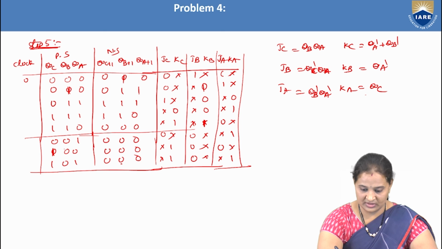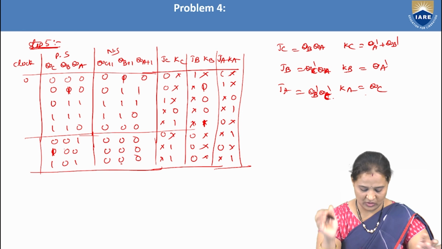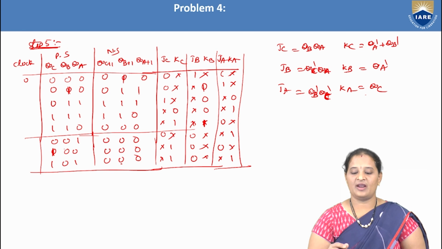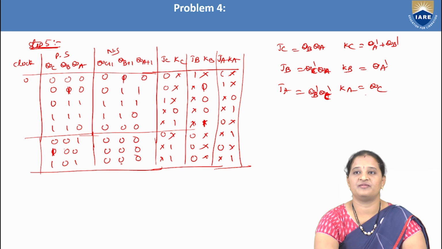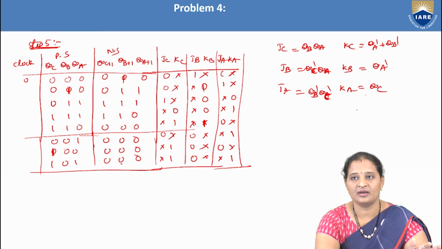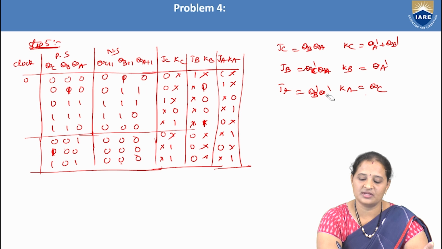Sorry, this is QC complement. So these are the equations that we will get for JC, JB, JA, KC, KB, and KA. Once these are all done, we have to draw the logic circuit by using these equations.